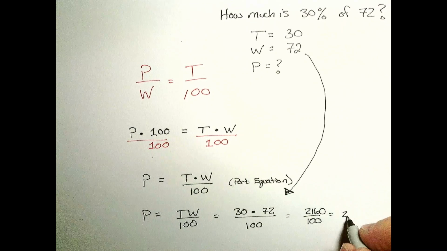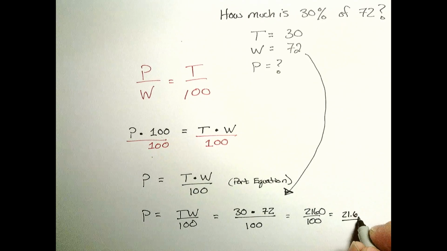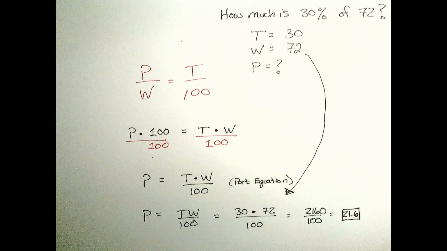Maya, you obviously did it wrong. Okay, you do it: 2,160 divided by 100 is 21.6. Yep. All right, cool.